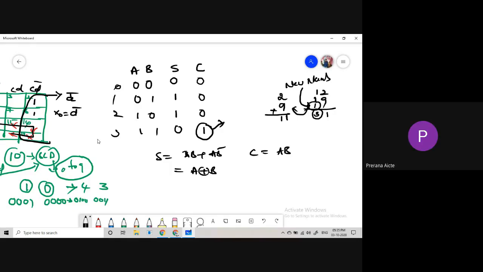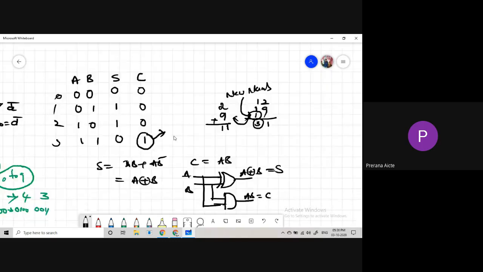So in the logical diagram I take one XOR gate with inputs A and B. A XOR B is the sum. For carry, if I take an AND gate, we get AB. So this one is carry.